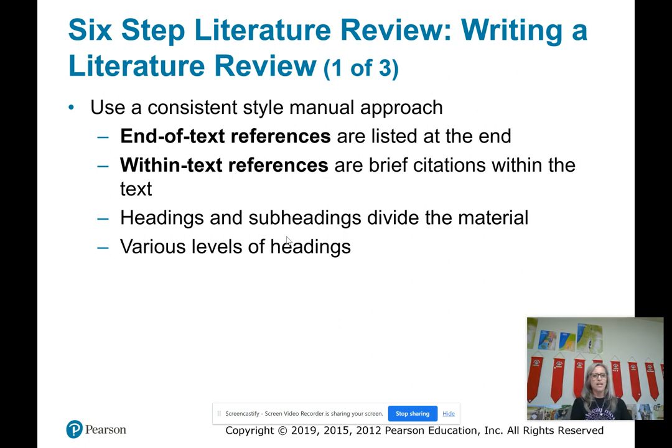Now, the next thing is that you're going to have different levels of headings in scholarly writing. On the front cover of your APA manual, I want you to look here. If I say just look at your front cover for some things, this is what I'm talking about.